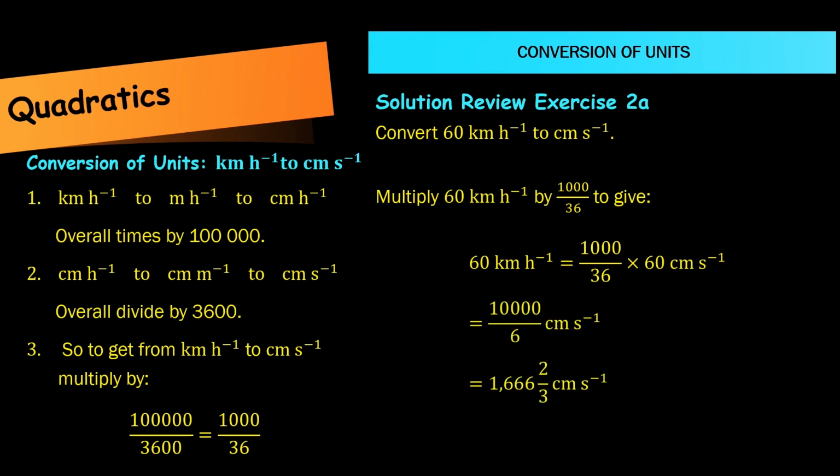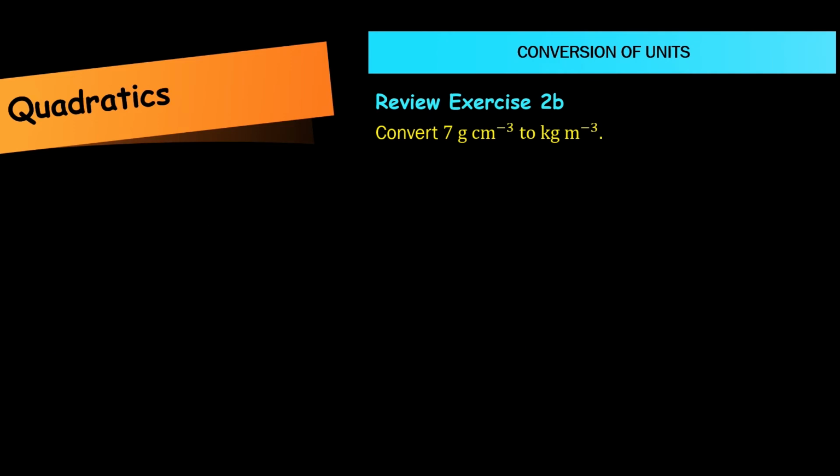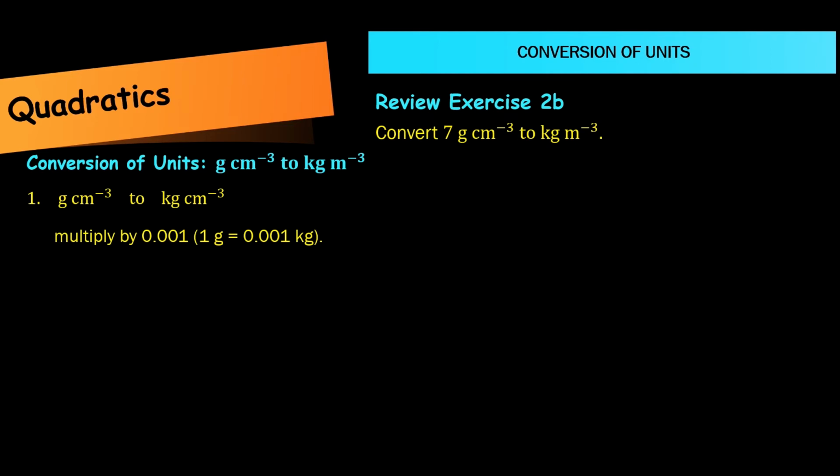And now for exercise 2b. We're required to convert 7 grams per centimeter cubed to kilograms per meter cubed. So we're going to convert grams per centimeter cubed to kilograms per meter cubed. Again, let's break this down.